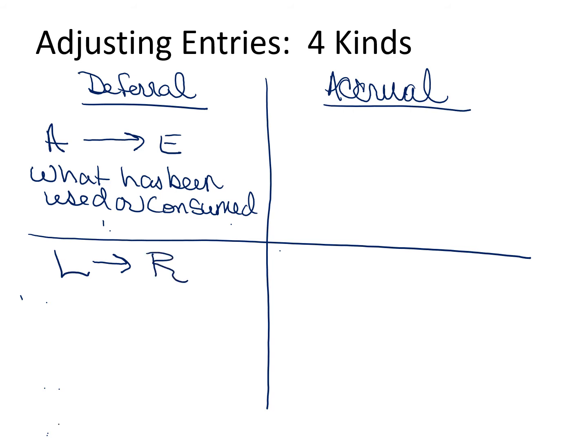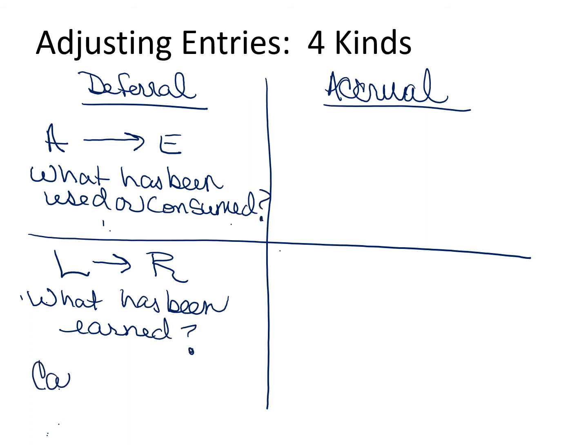So we're going to be moving from a liability account to a revenue account. So the question here is, what has been earned? So notice in both of these, cash has already happened.